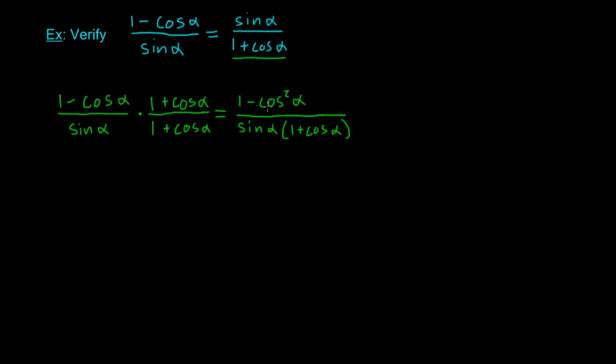Now we have this expression on the top. We can use our Pythagorean identity here once we multiply these conjugates together. 1 minus cosine squared alpha by our first Pythagorean identity is equal to sine squared alpha, all over sine alpha times 1 plus cosine alpha.